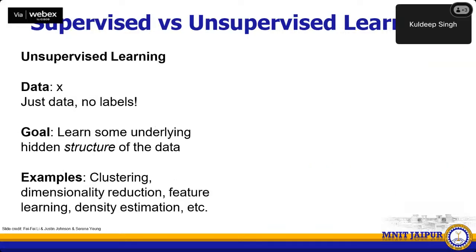Now coming to unsupervised learning, which is our main focus here, because your generative models belong to this category. In an unsupervised learning kind of setup, we have unlabeled training data. We don't have labels, just the data. And here our goal is to find the underlying hidden structure of the data, to find patterns inside the data.